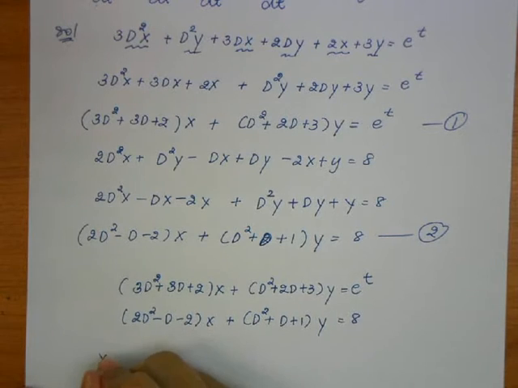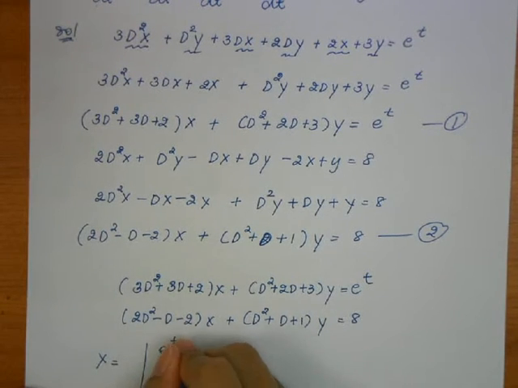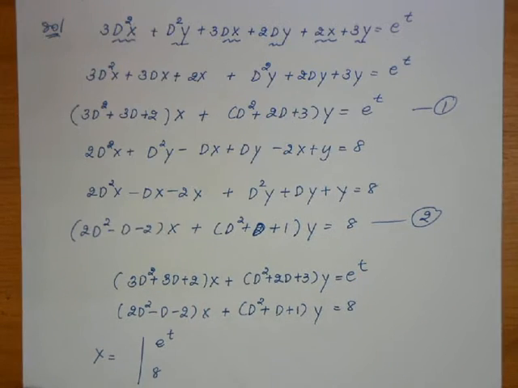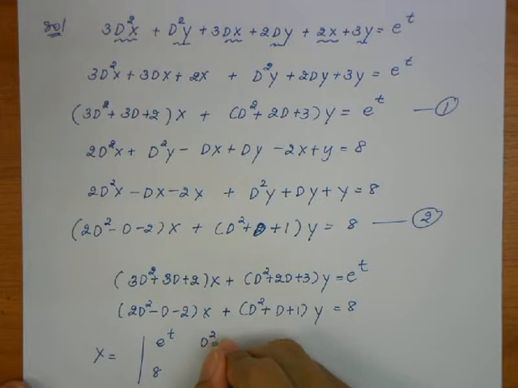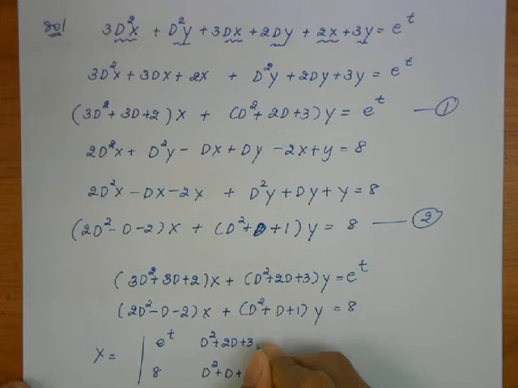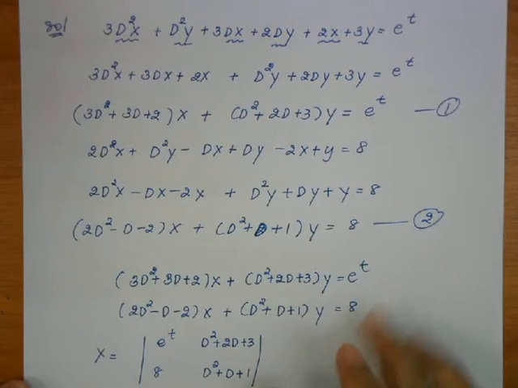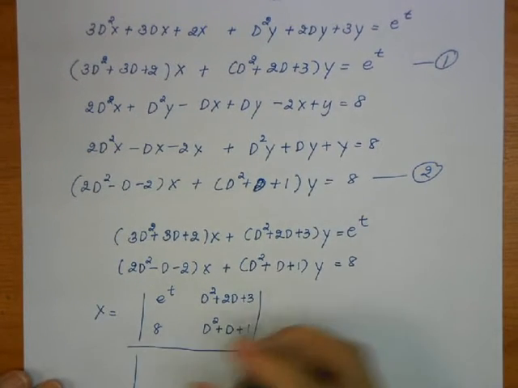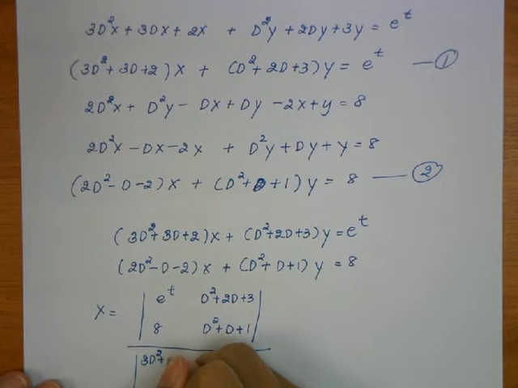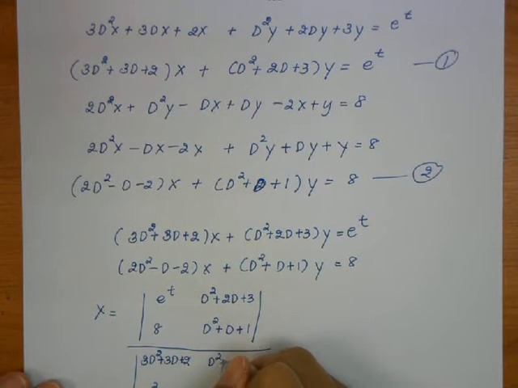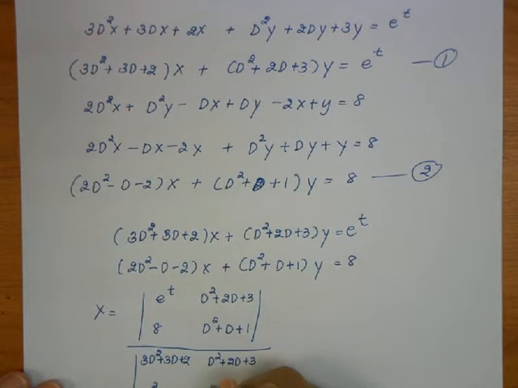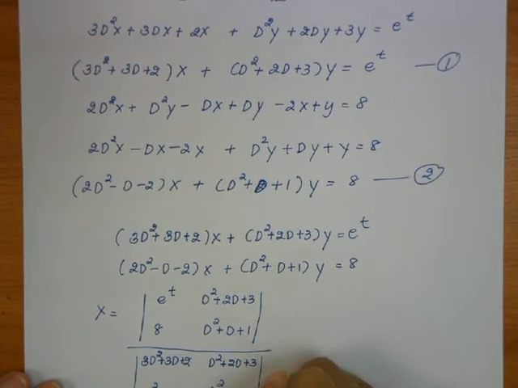To find x, you replace the column of coefficients of x with the function on your right hand side. And then you put the coefficient of y there, divided by the determinant of the coefficients of x and y. Like that.